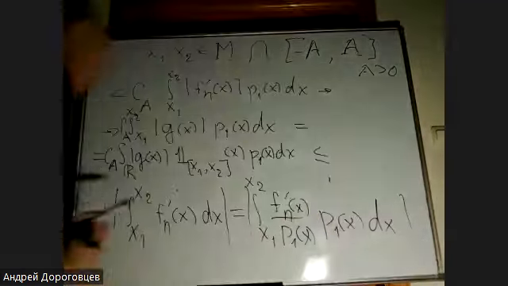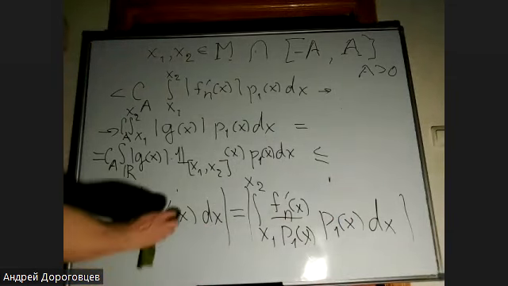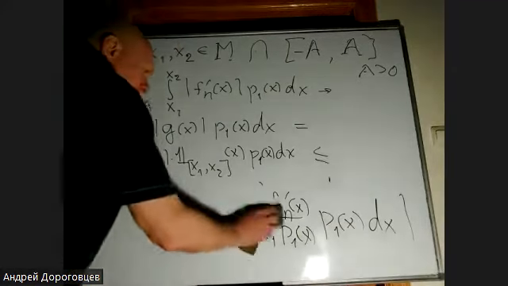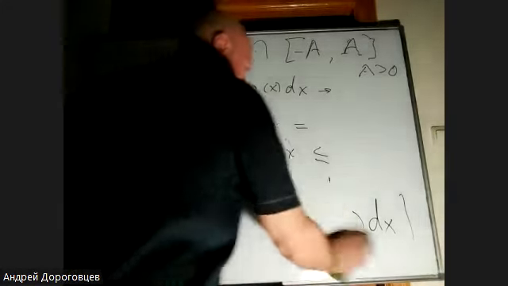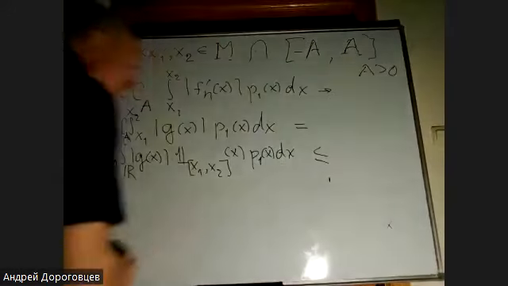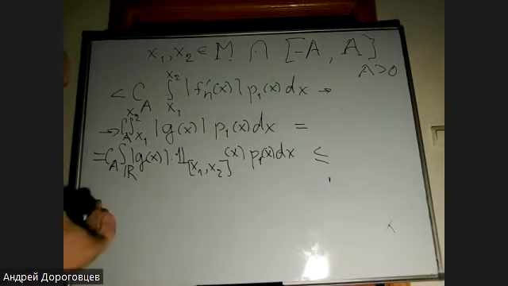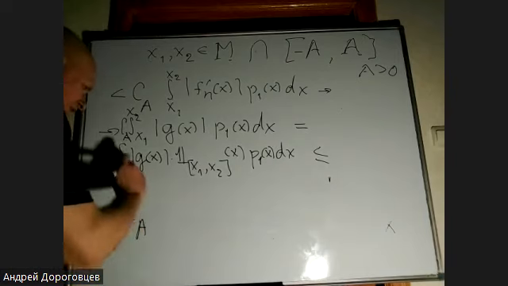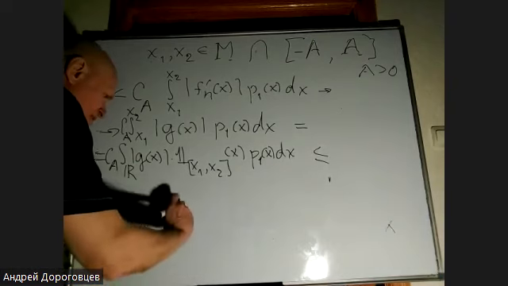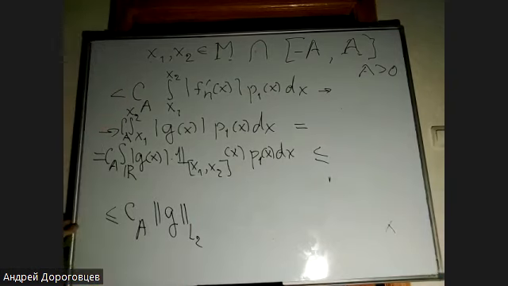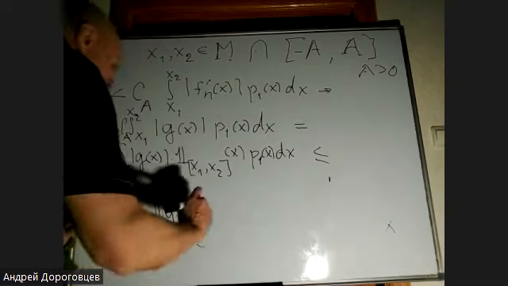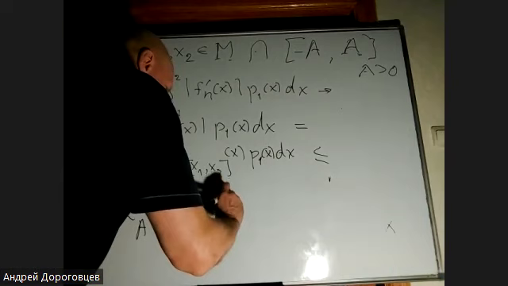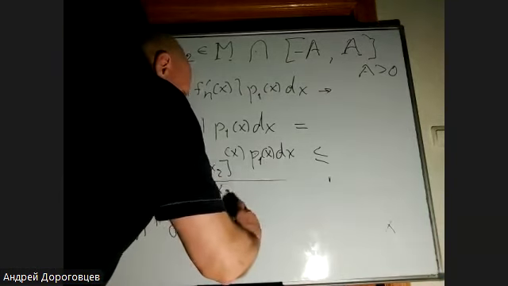It is less or equal than CH, the norm of J in L2, multiplied with the integral from x1 to x2 of the square root of p1(x) dx.